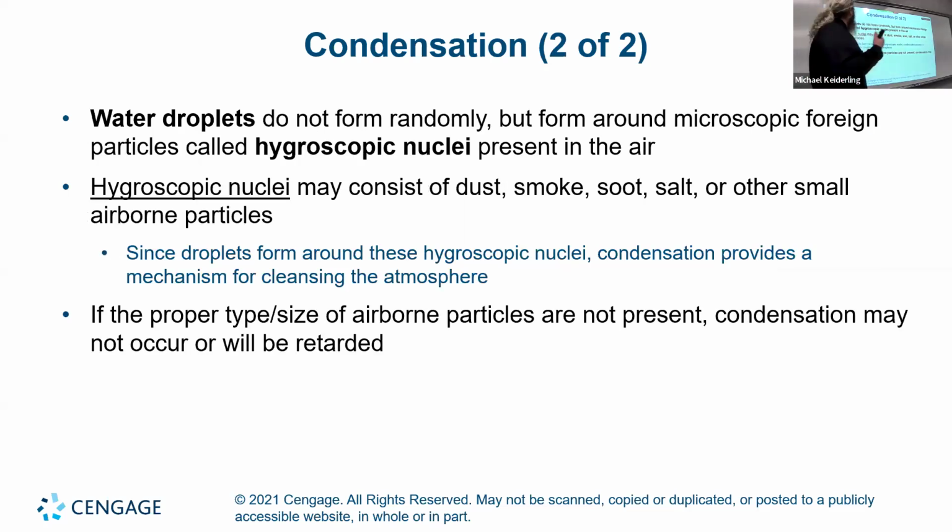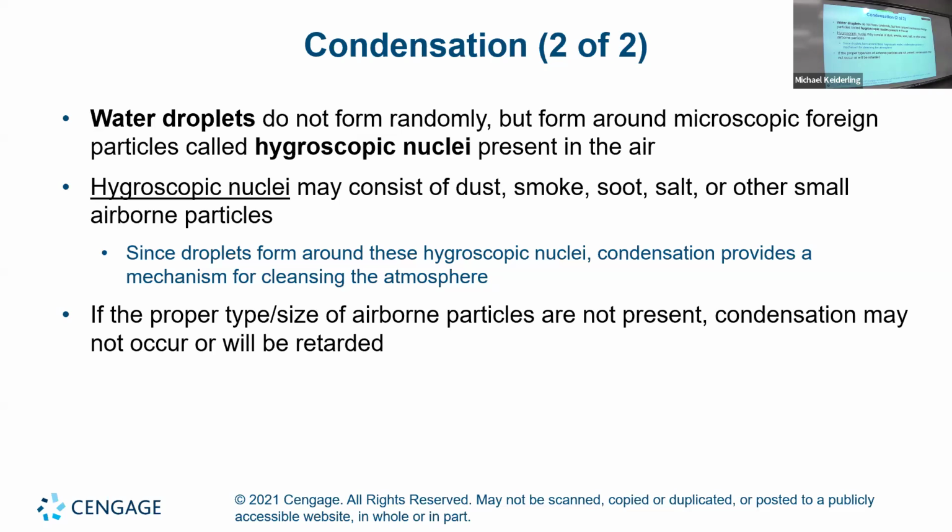So the thing is that water droplets don't form randomly. They have to build off of something. So they form around microscopic foreign particles called hygroscopic nuclei that are present in the air. And hygroscopic nuclei are things like dust, smoke, soot, salt, and various other airborne particles.